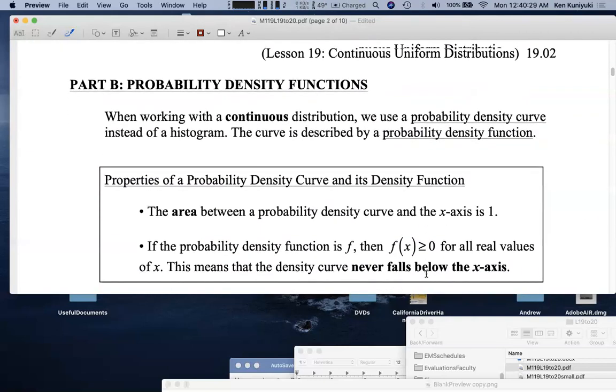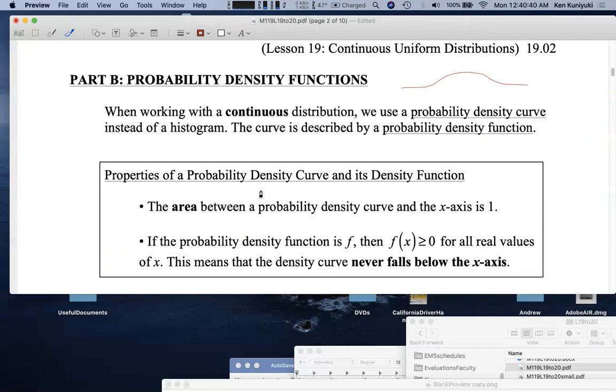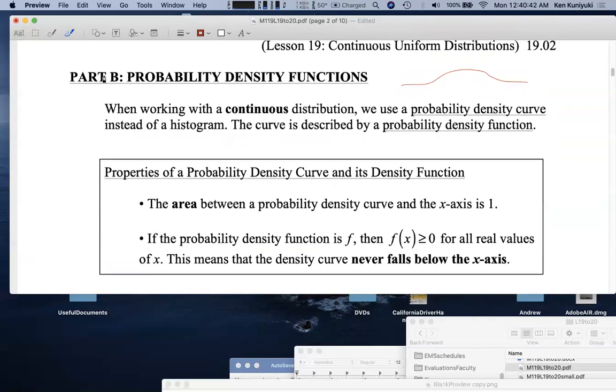Now, we're going to go from bars with flat tops to more general curves. We talked about normal bell curves before, but now we're going to talk about flat tops. Okay, flat tops, just guys like these. These are continuous uniform distributions. But still, I'll refer back to these bell curves for reference.